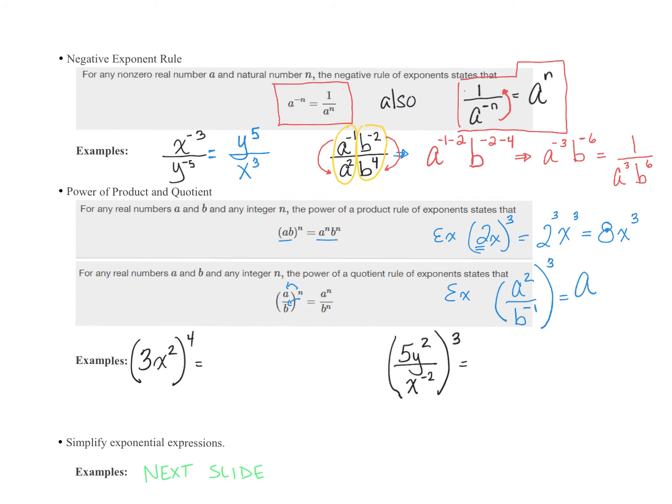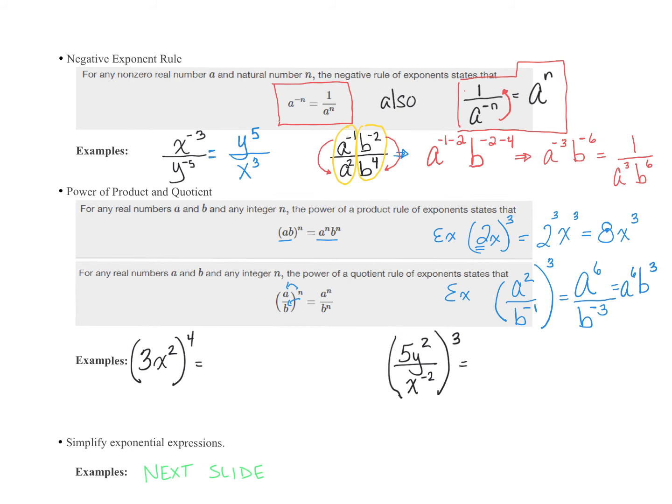So, raising a power to a power, we're going to get a to the 2 times 3, which is 6. And b to the negative 1 times 3, which is b to the negative 3. And then we'll use that power that we just used and move that b up. So a to the 6th, b cubed.